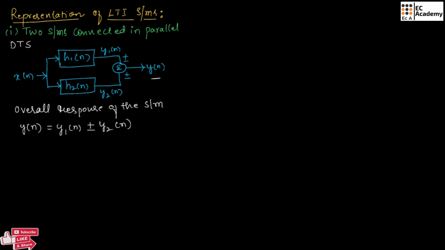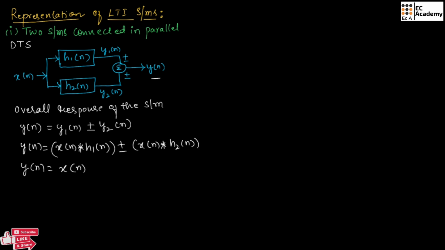So, we can write y of n is equal to, for y1 of n we can write x of n convolved with h1 of n plus or minus, for y2 of n we can write x of n convolved with h2 of n. In this equation if we take x of n as common, we can write x of n convolved with h1 of n plus or minus h2 of n.